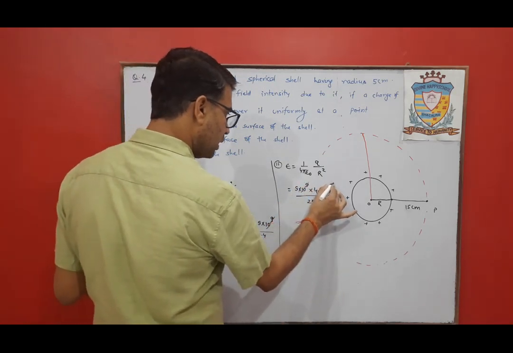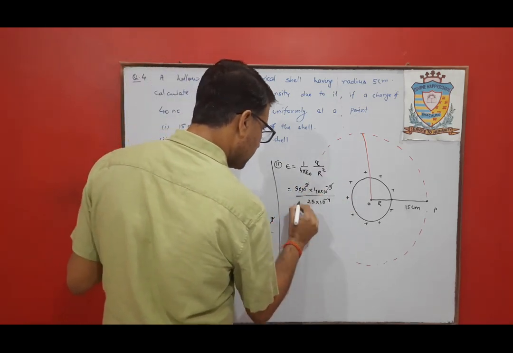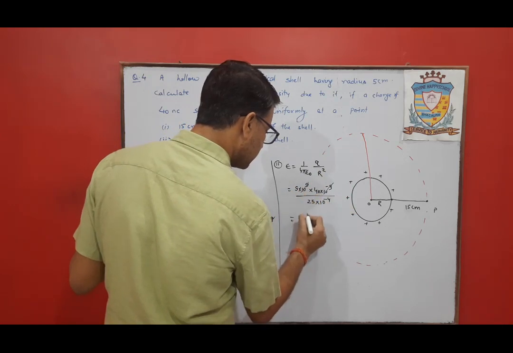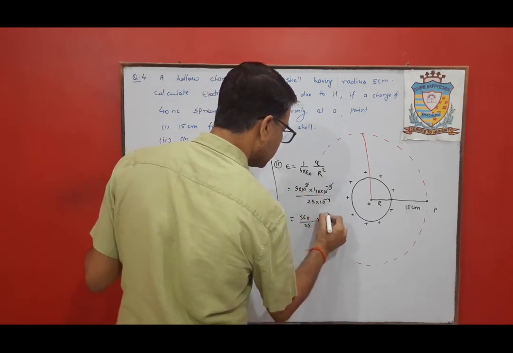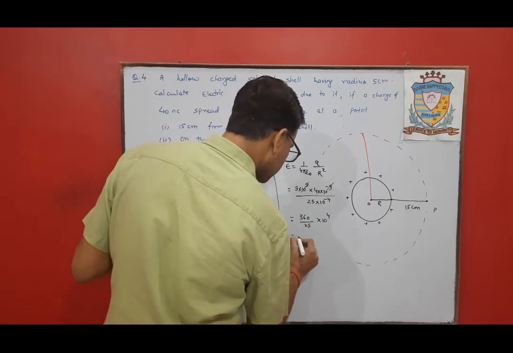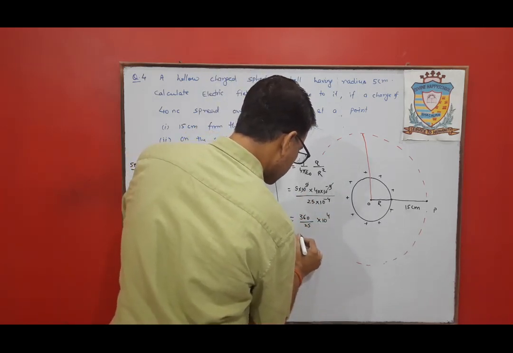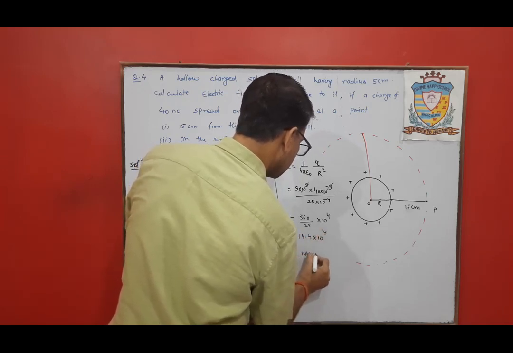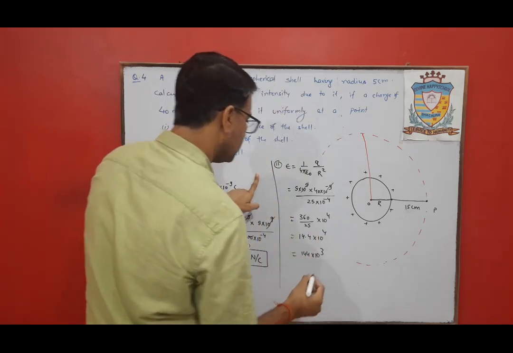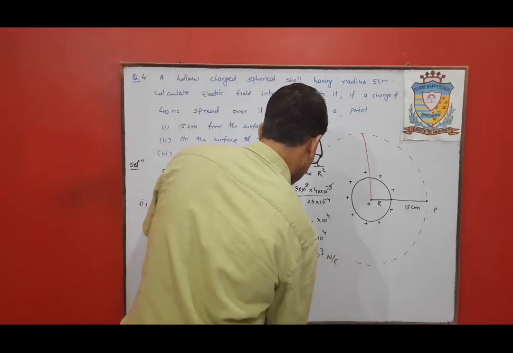So these two will cancel out. What we have now is 9 times 4 is 36 upon 25 into 10 to the power minus 4, so 1.44 into 10 to the power 5, or 144 into 10 to the power 3 Newton per coulomb.